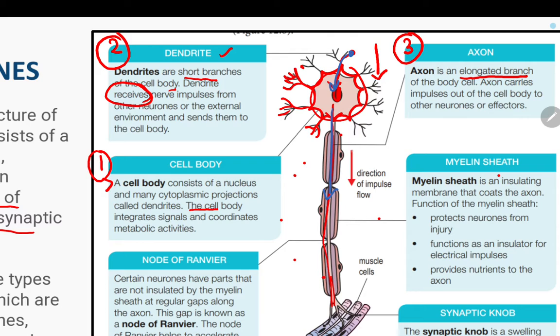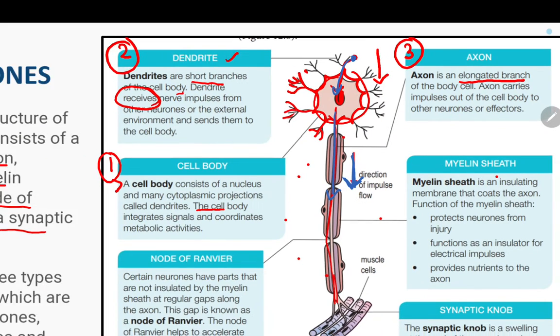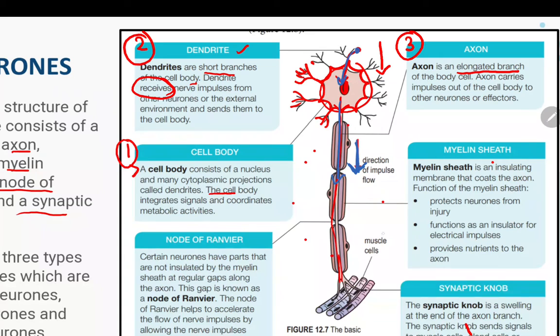That is why the direction of impulse is as drawn here. So the axon carries the impulse received at the dendrite and cell body out of the cell body, and sends it to other neurons or to an effector. In this picture, the impulse is sent to the effector, which is the muscle cell.